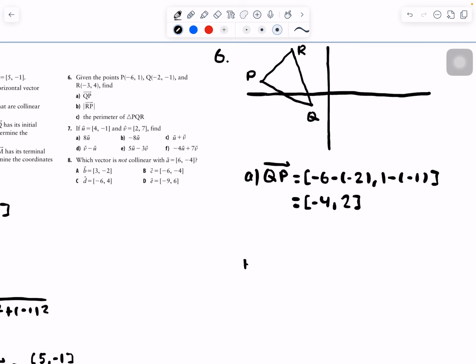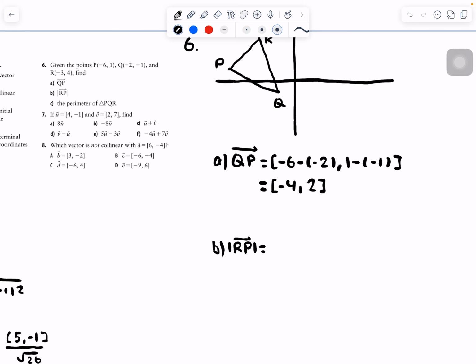B, RP. That's going to be, oh, so it's the magnitude of RP. So let's first calculate what RP even is inside the braces. So we're going to have -6 minus -3, and 4 minus 1.